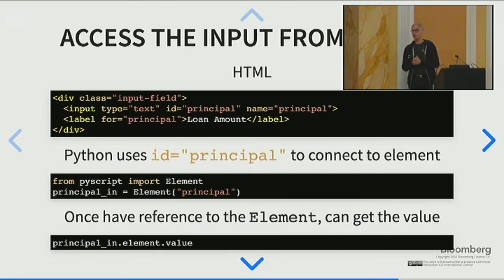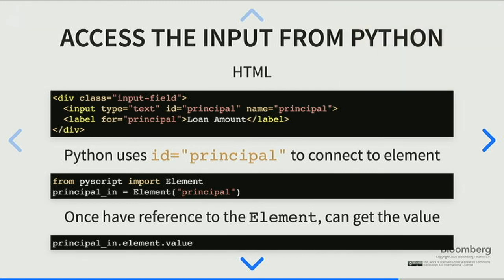So this is how we're going to access the input from Python. There's a little bit of the HTML that defines the input box and the label that goes with that input box. Python is going to use that ID to find the element on the page. So in our Python script, we're going to import PyScript in order to get at the element class that is defined within PyScript.